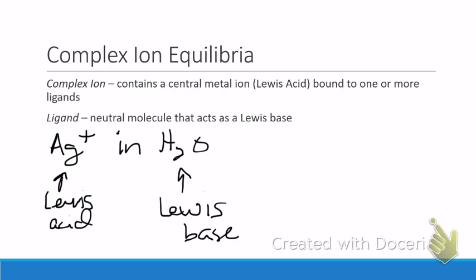And in this case, that complex ion is going to be silver with 2 water molecules bound to it, and that ion will have an overall charge of still +1. So complex ions can have many different Lewis bases. It can be water, it can be ammonia, sometimes it's cyanide, but they always contain a metal bound to a ligand.